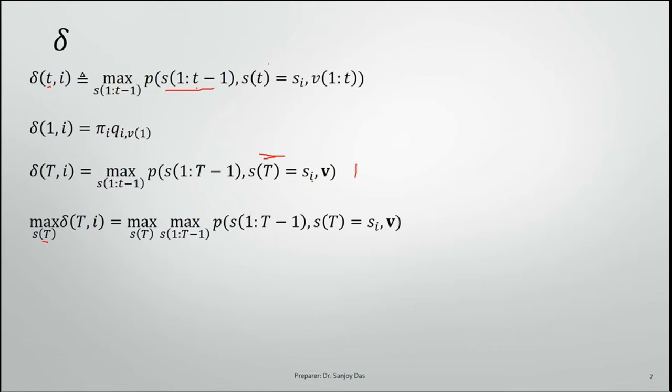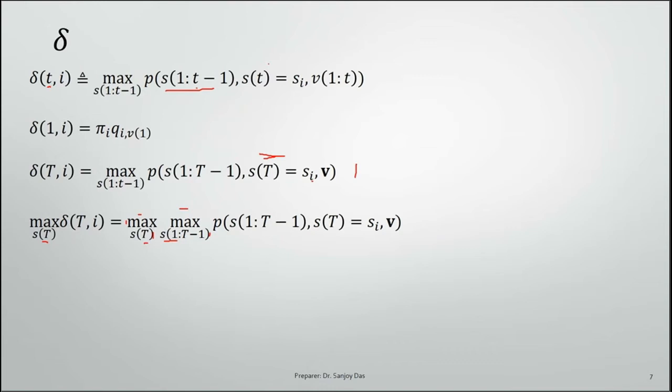And so on this side, this is max over St of delta uppercase Ti, which is equal to this. Now this is St uppercase T, and this is the entire previous state sequence. And so if we combine this, this is maximization over S of T, this is maximization over S of 1 through T minus 1.